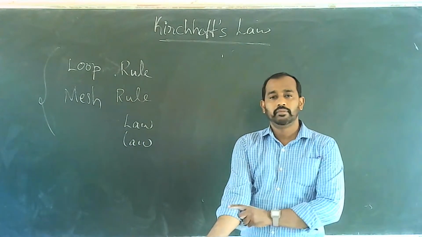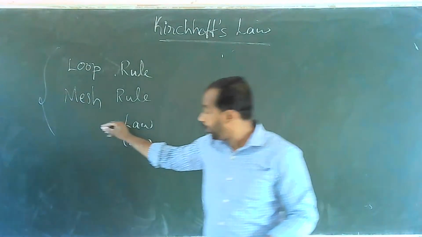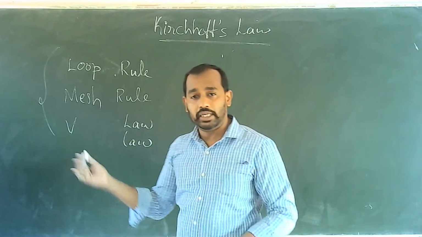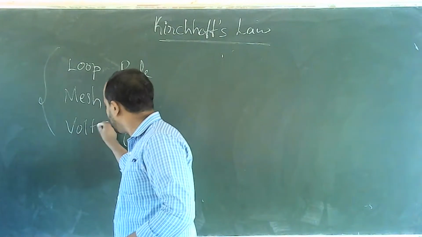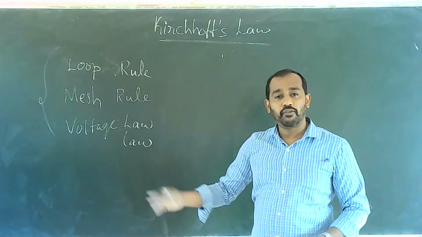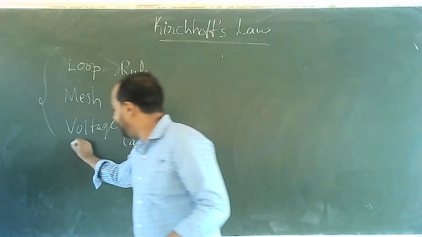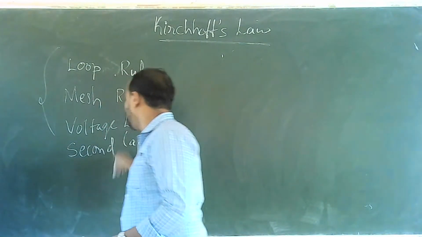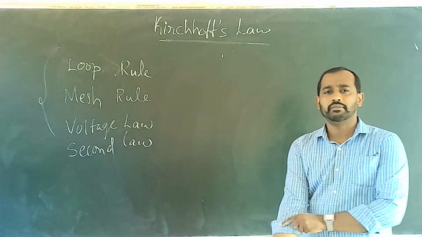Loop and mesh are one and the same. Then, since it is related to the voltages, it is known as Kirchhoff's voltage law. It is stated after the first law, so it is also known as Kirchhoff's second law. They are one and the same.